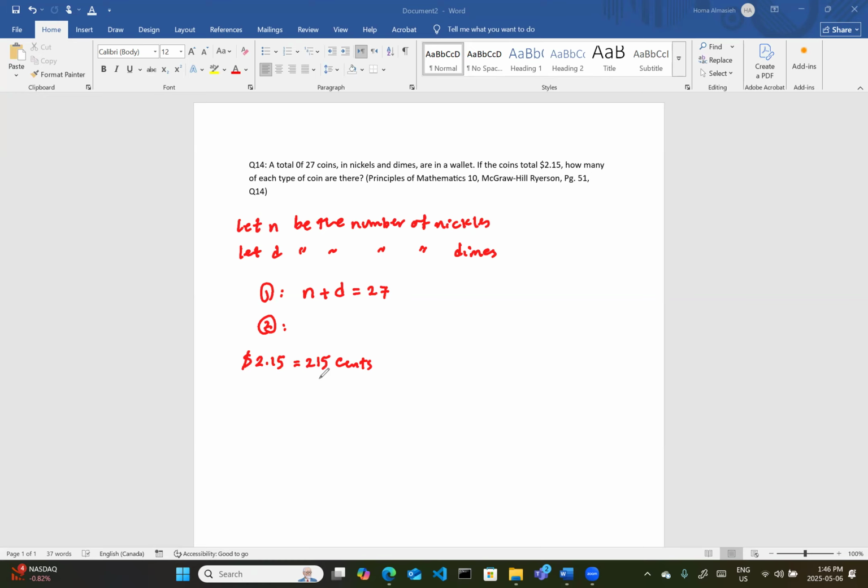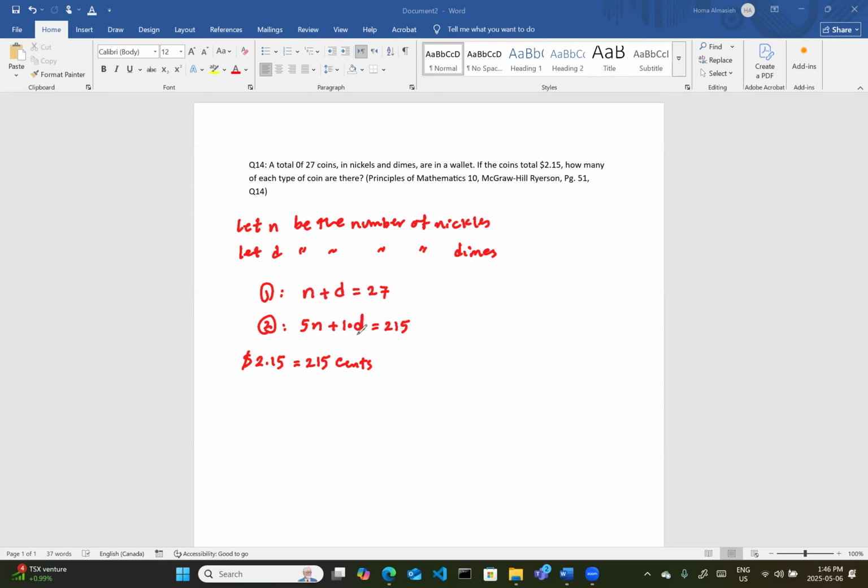Since nickels are worth 5 cents and dimes are worth 10 cents, we can write the equation as 5n plus 10d equals 215. Now you see a linear system here.